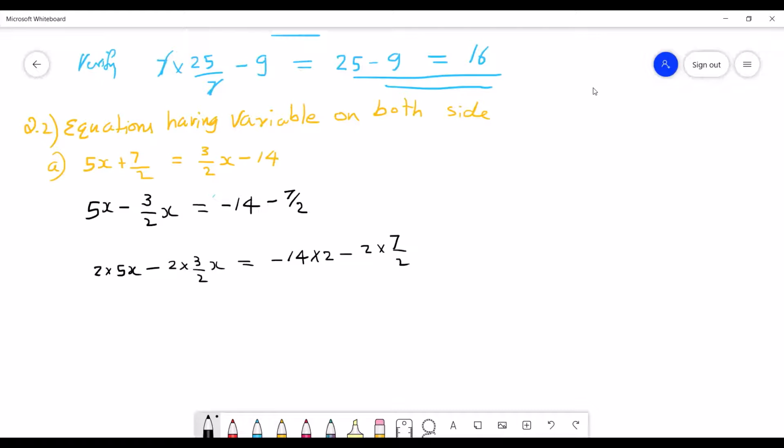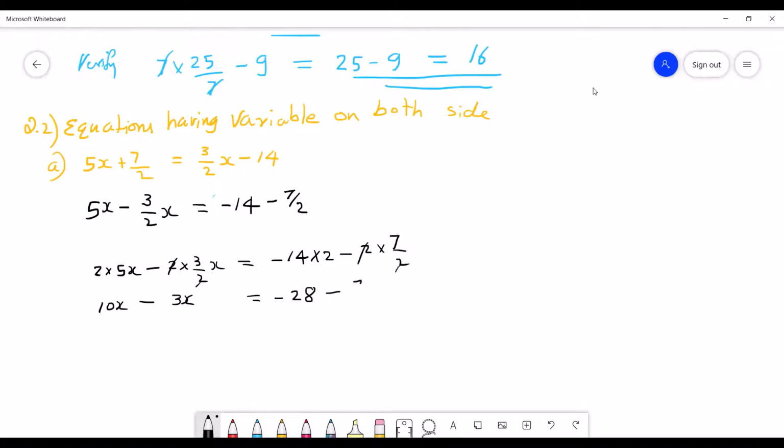So 2 into 5x means it is 10x minus, 2 and 2 will get cancelled, so this will become 3x, and here it will be 14 into 2 means minus 28 minus, 2 and 2 will get cancelled, minus 7.